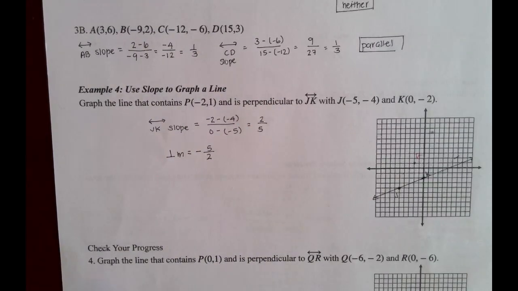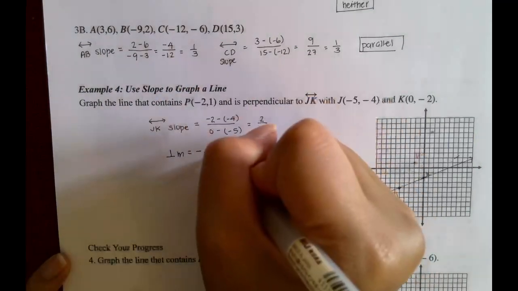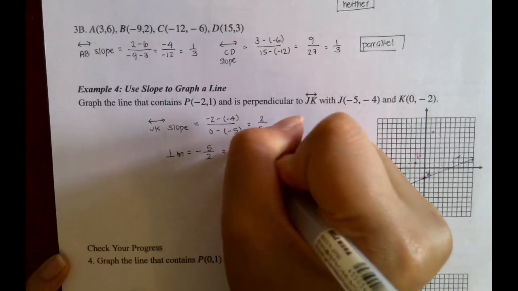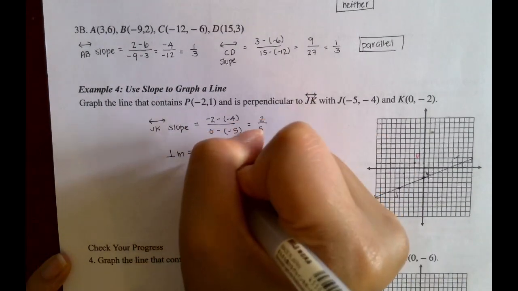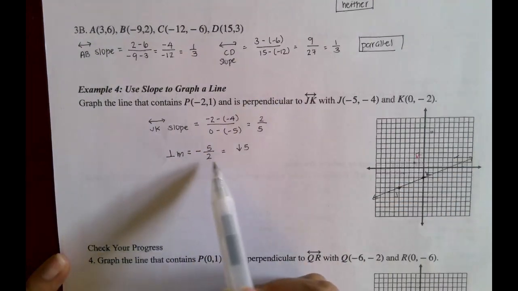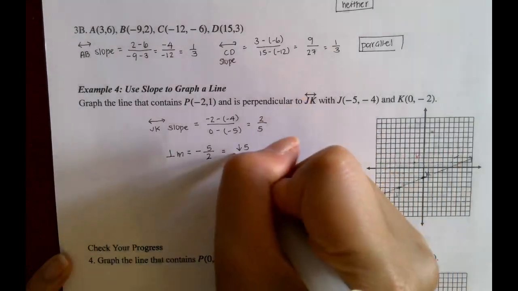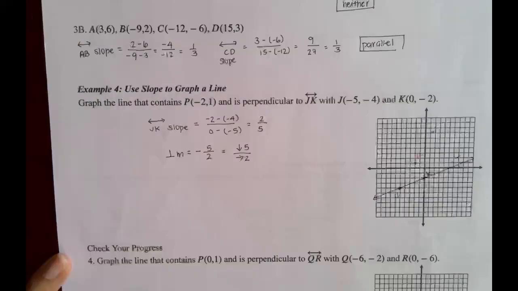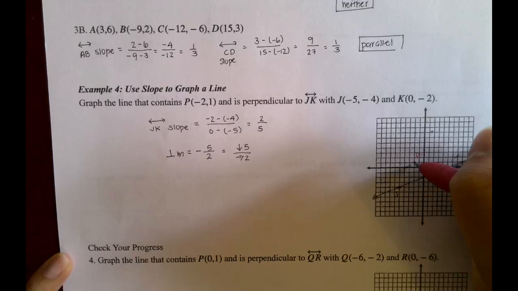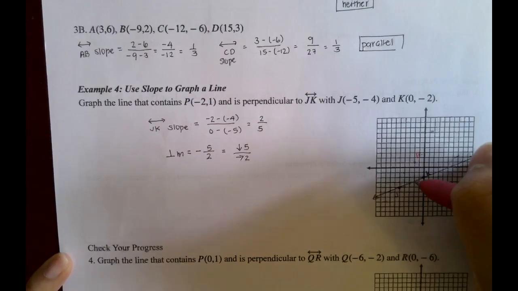Okay? And so what that means is now I'm going to go down 5, because I'm going to assign negative only to either the top or the bottom. It's up to me. I generally choose top, so I'm going to go down 5, and then right 2. So that's what I'm going to do. I'm going to go down 5. 1, 2, 3, 4, 5, and right 2.